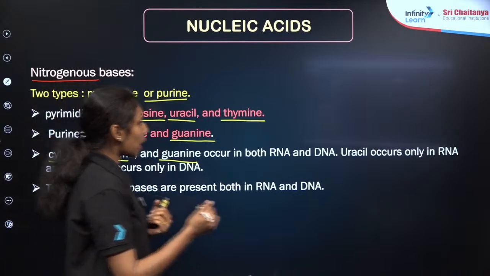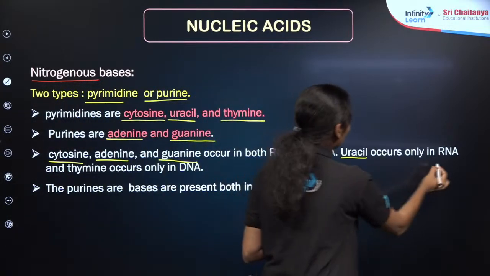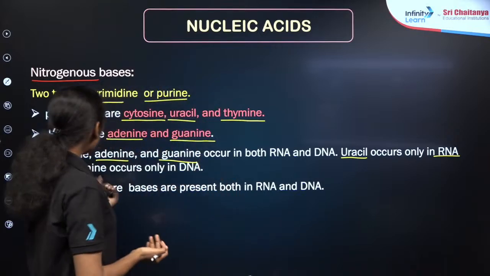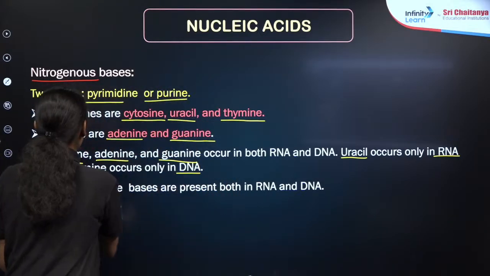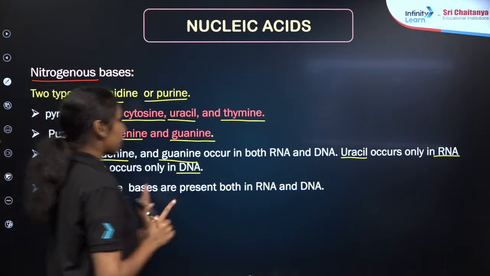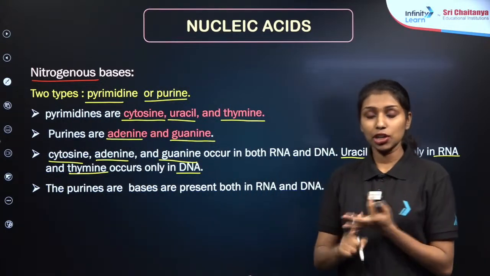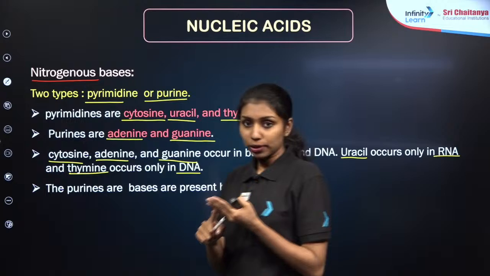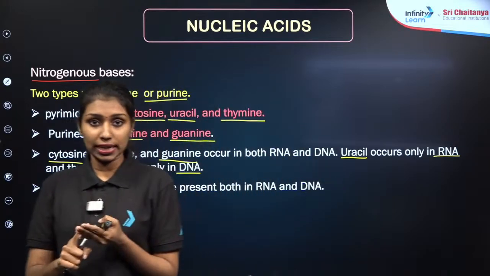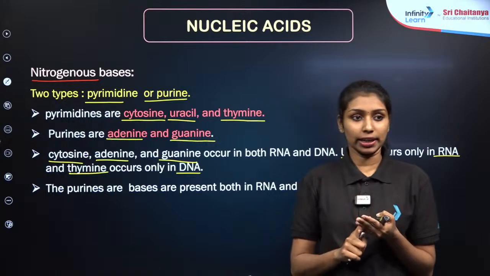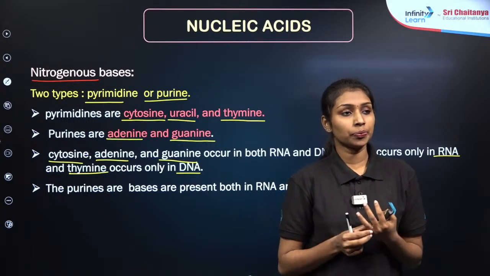Uracil occurs only in RNA. Instead of uracil, in DNA, there will be the presence of thymine. Clear? So there will be 4 nitrogenous bases present, but in the case of DNA, thymine is present. Instead of thymine, there will be uracil present in the case of RNA. Is that clear?